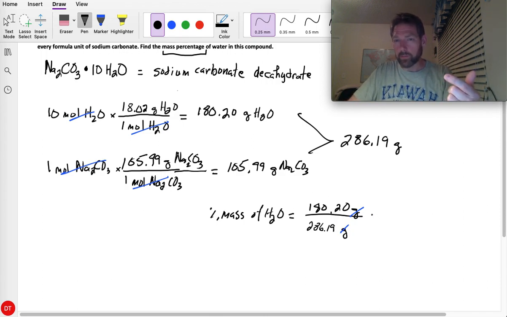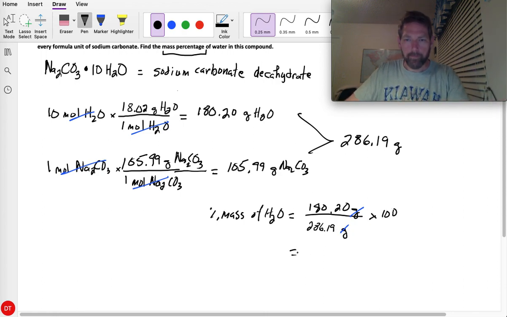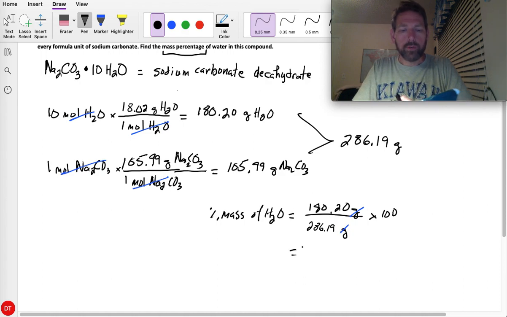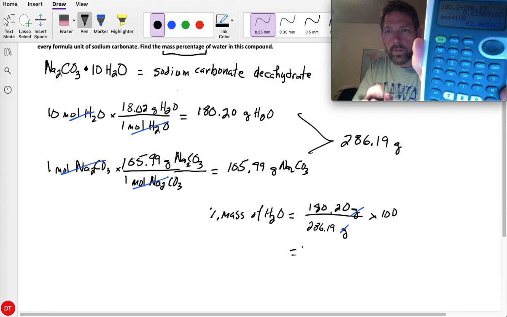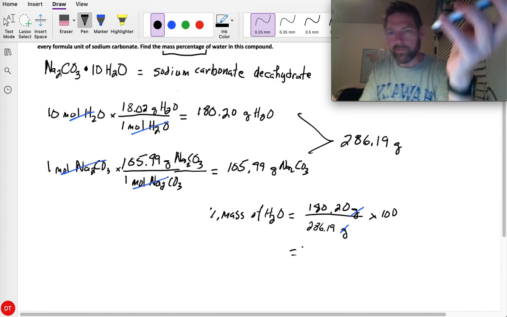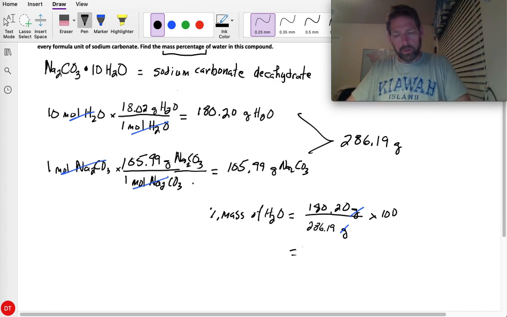This is going to give us a decimal, so you'd always multiply by 100 to turn it into a percentage, right? So now we have 180.2 divided by 286.19, times 100. You should see that we get 62.965.